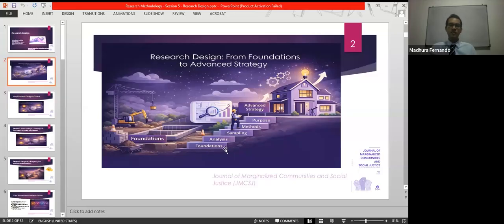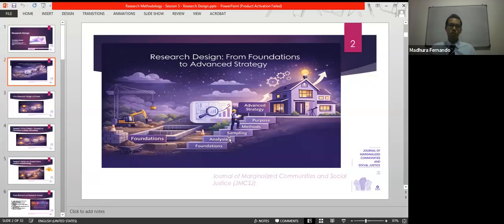Once you put the foundation, you can analyze the data, because if you have the proper foundation, you can collect the data, you have the tools, and you can identify what type of analysis you are going to employ in your research process, and you know what sampling method you are going to select, and methods.